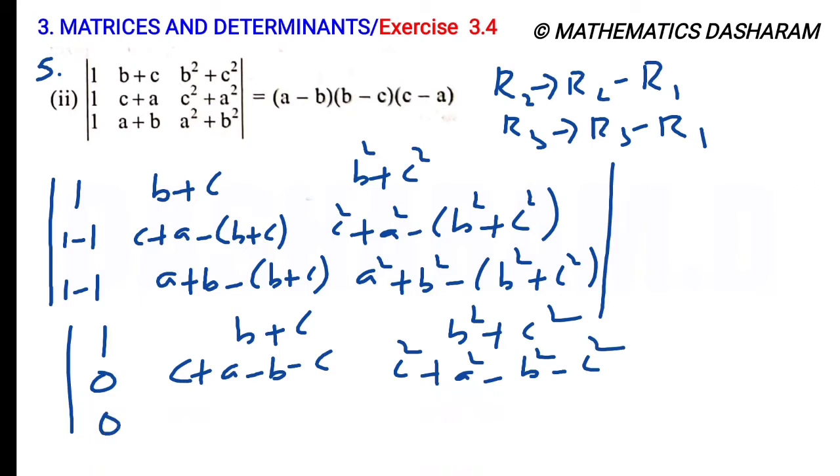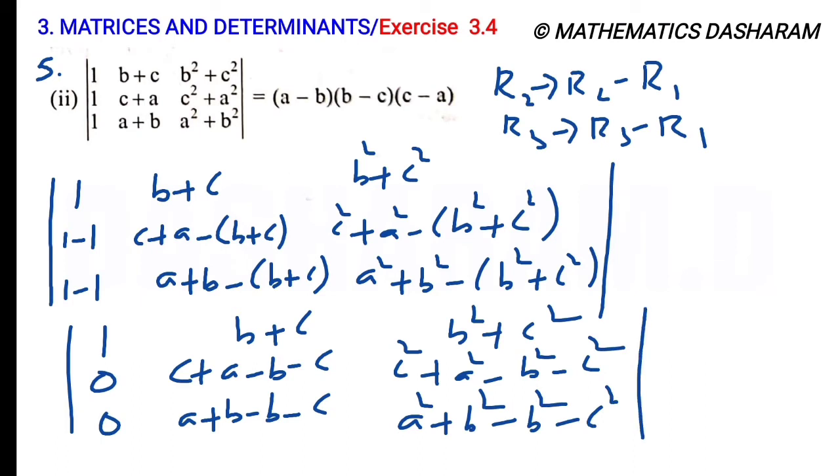Here 1 minus 1 is 0, A plus B minus B minus C, so A square plus B square minus B square minus C square. So plus C minus C plus B minus B, plus C square minus C square, plus B square minus B square cancel.